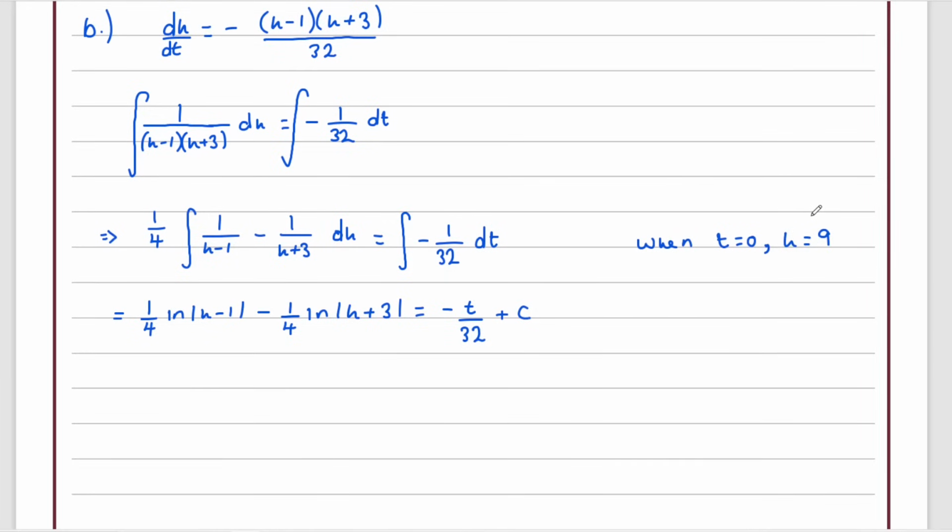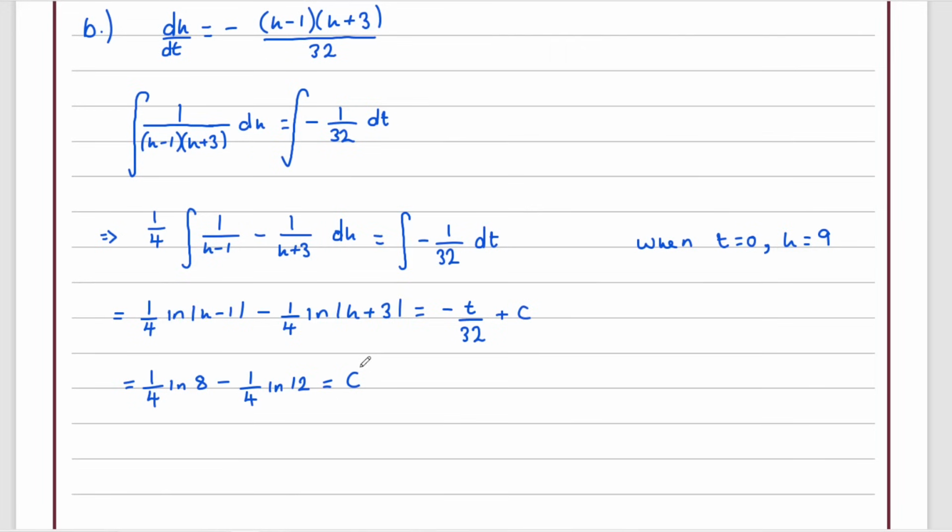Okay. So in that case, I'm going to get 1 over 4 ln, so this is 9 minus 1, so that's ln 8, minus 1 over 4 ln, so that's 9 plus 3, so that's 12. That's equal to, well, this would be 0, because minus 0 over 32 is just 0. So that's equal to c.